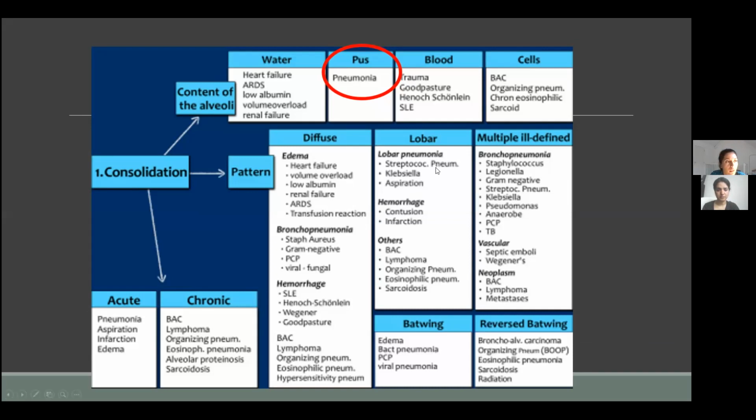For example, lobar pneumonia can be focal, but in a later course of the disease, or if the disease progresses or does not respond to treatment, it can be a more diffuse multifocal disease. So this table might help in differentiating if you see a consolidation.